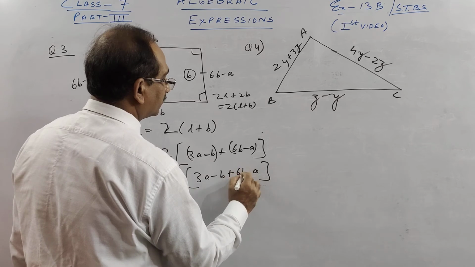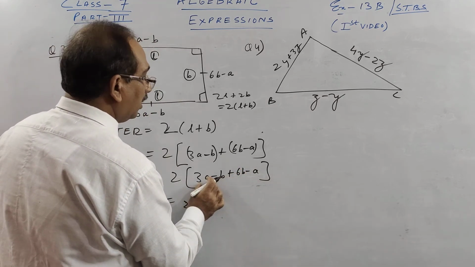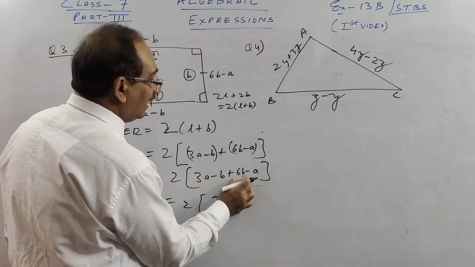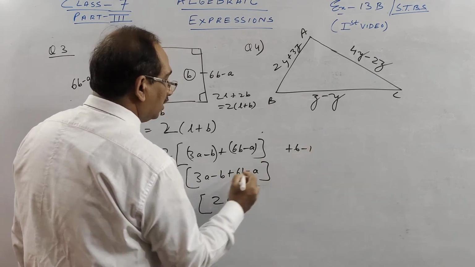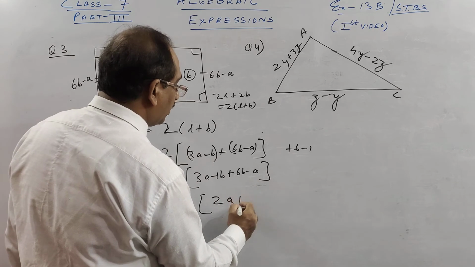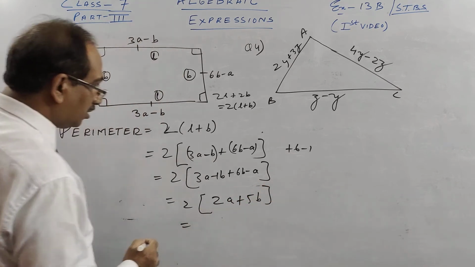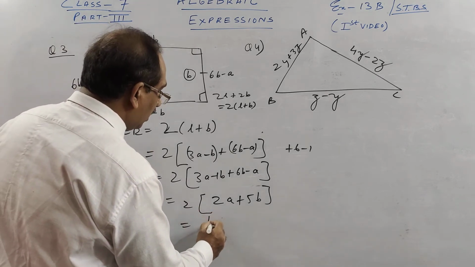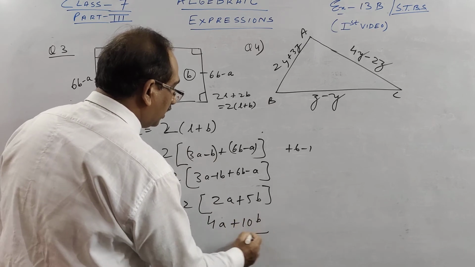So what do we see, children? Like terms: 3a minus a is 2a, and 6b minus 1b, nothing means 1, so it is 5b. So if we do 2 twos are 4a plus 2 fives are 10b.